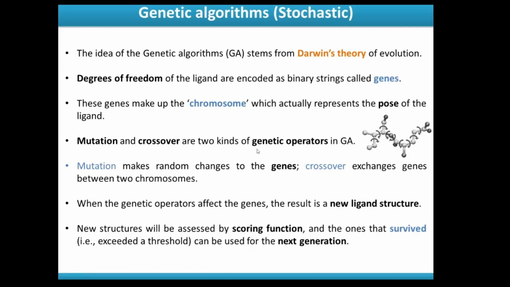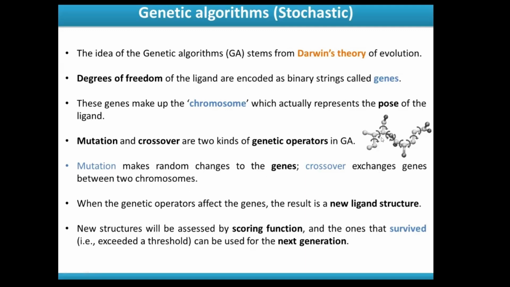And then we have mutation and crossover, which are two kinds of genetic operators in a genetic algorithm. Mutation makes a random change to the gene. That is, mutation is nothing but a rotation of a bond at a particular time. And then crossover is the exchange of genes between two chromosomes.